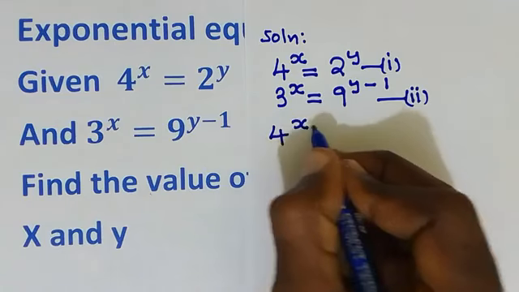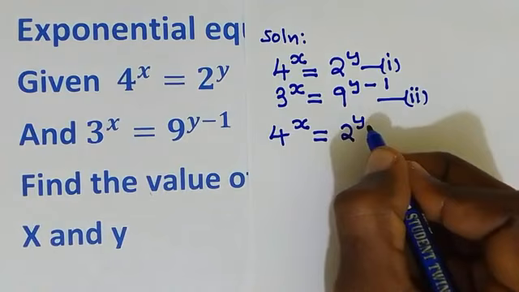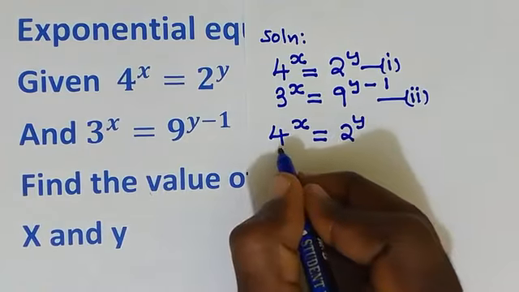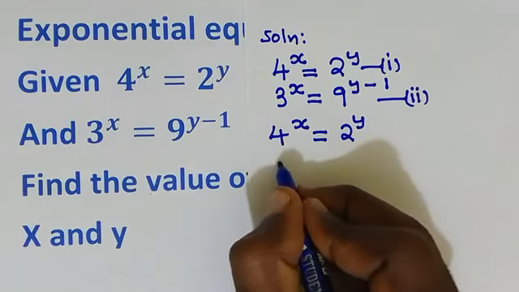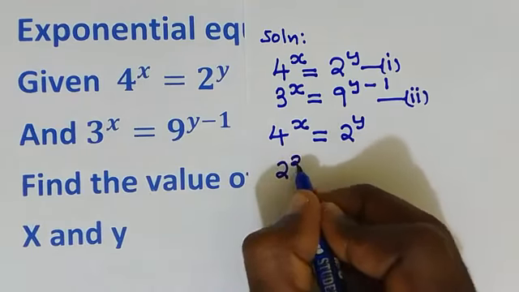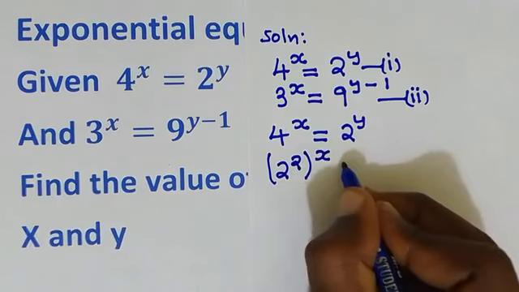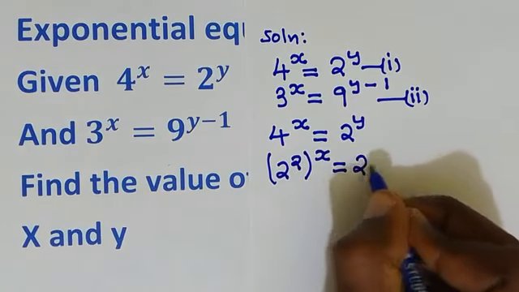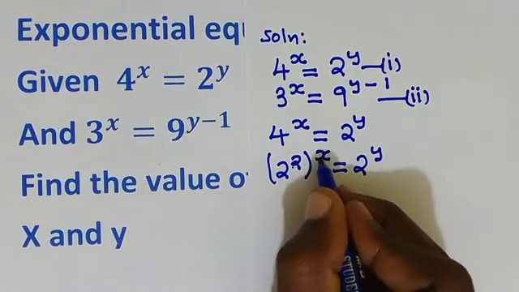4 power x is equal to 2 power y. Let us put in the same base. So 4 is the same as 2 power 2, all to the power x, equal to 2 power y. We can multiply the powers.